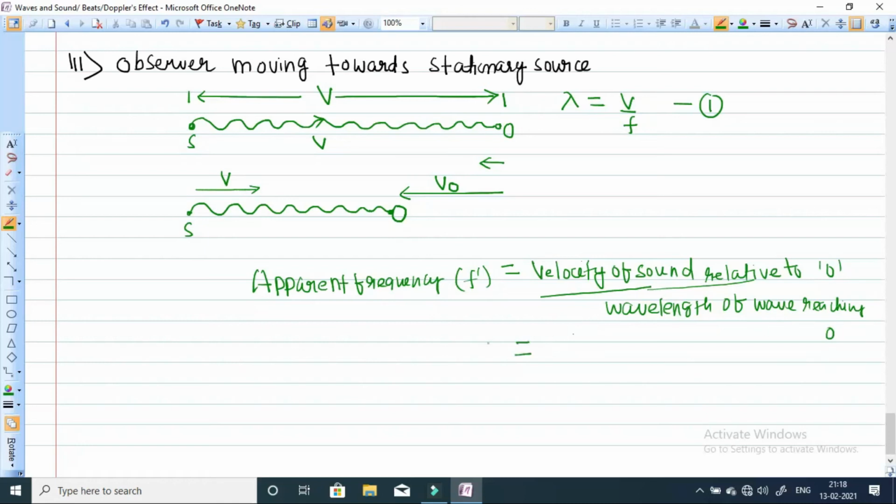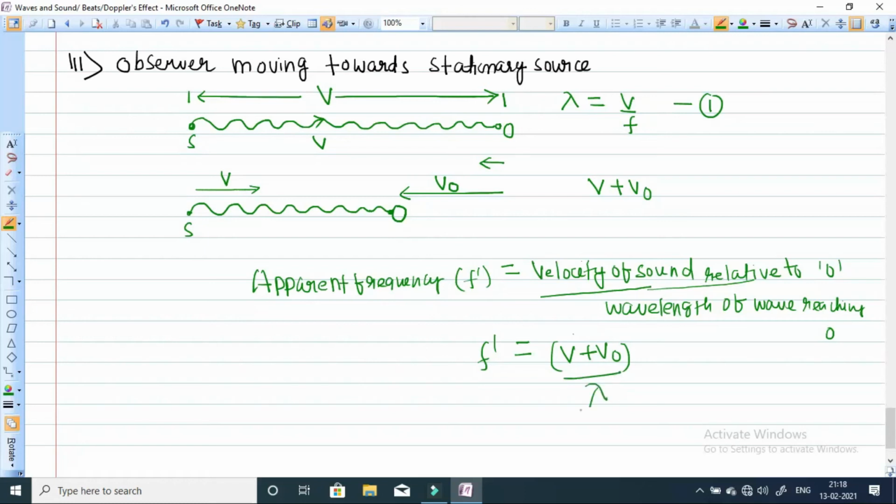So now f dash will become velocity of sound relative to O. If we are going to calculate the relative velocity, they are opposite to each other. So relative velocity will become v plus v naught, divided by the wavelength.